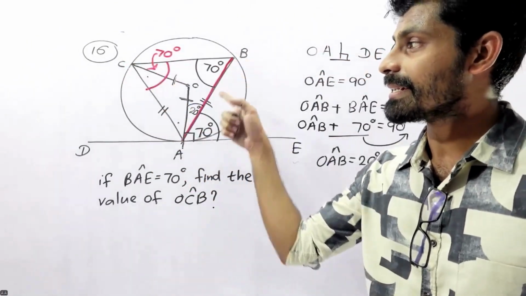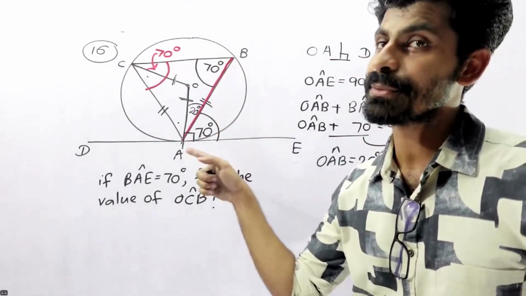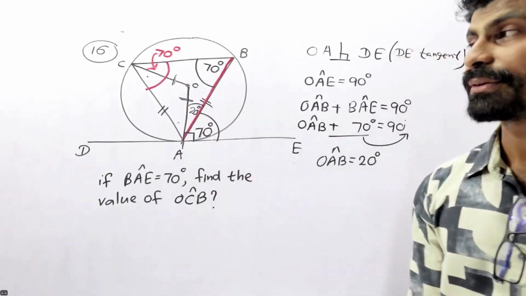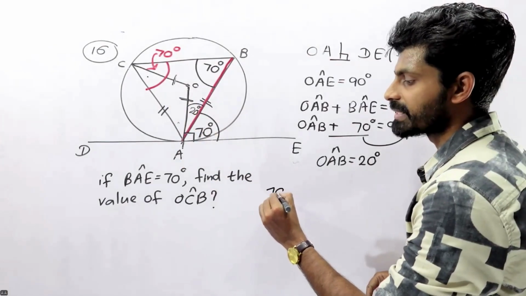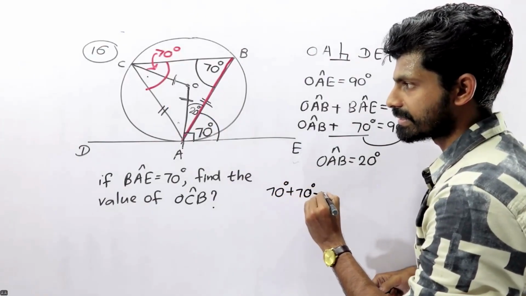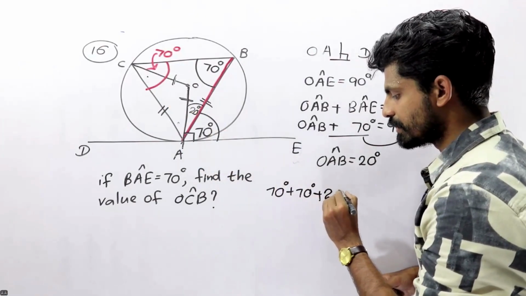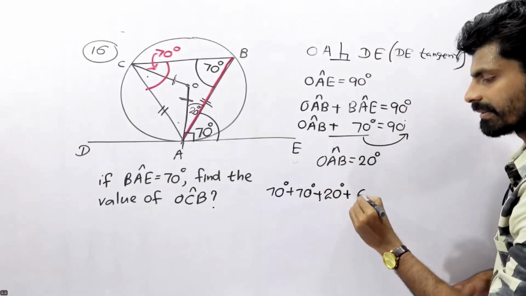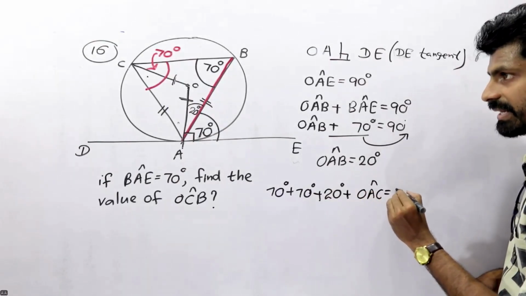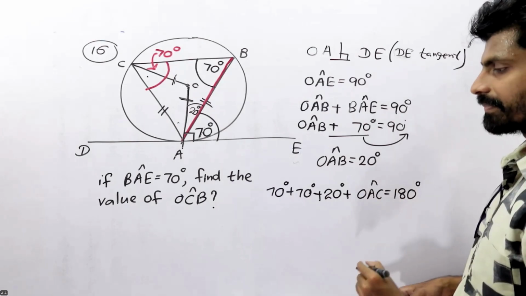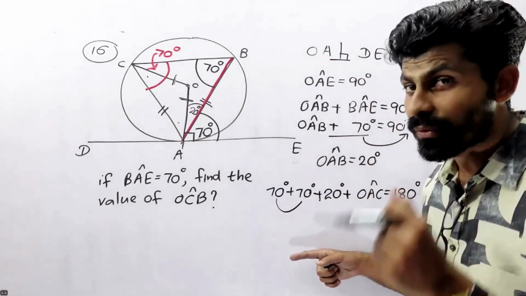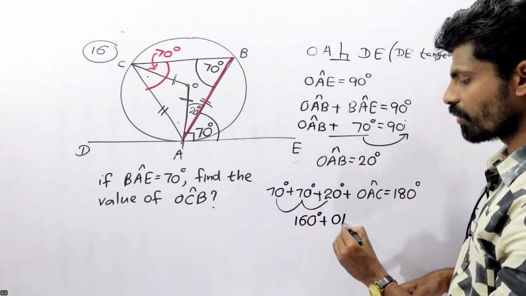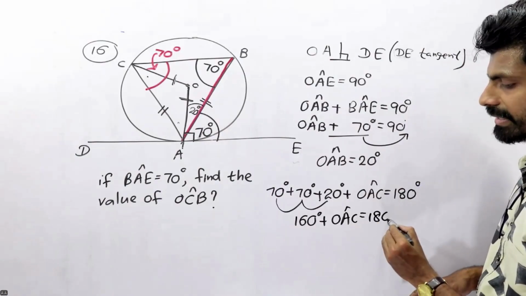Consider this triangle. 70 plus this one equals 180. So that means 70 plus 20 plus OAC should be equal to 180. 70 plus 70 is 140. 140 plus 20 is 160, plus OAC equals 180.